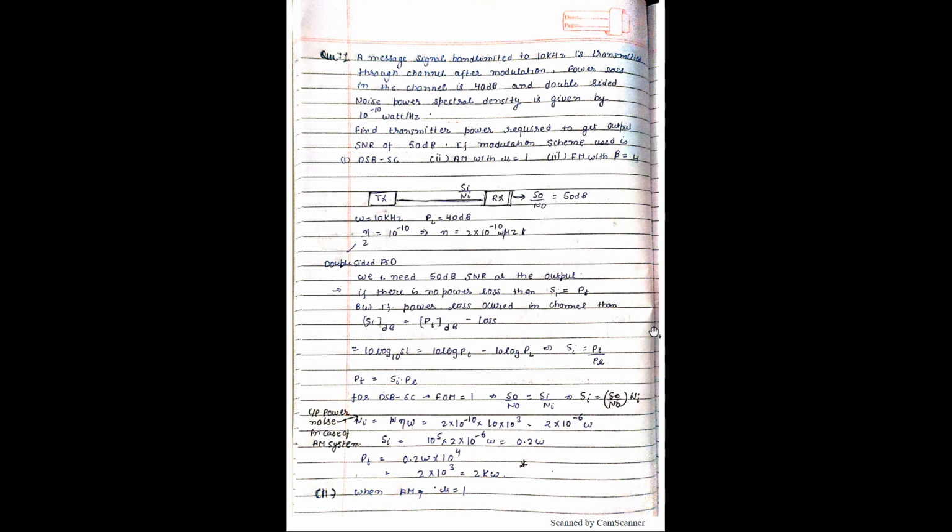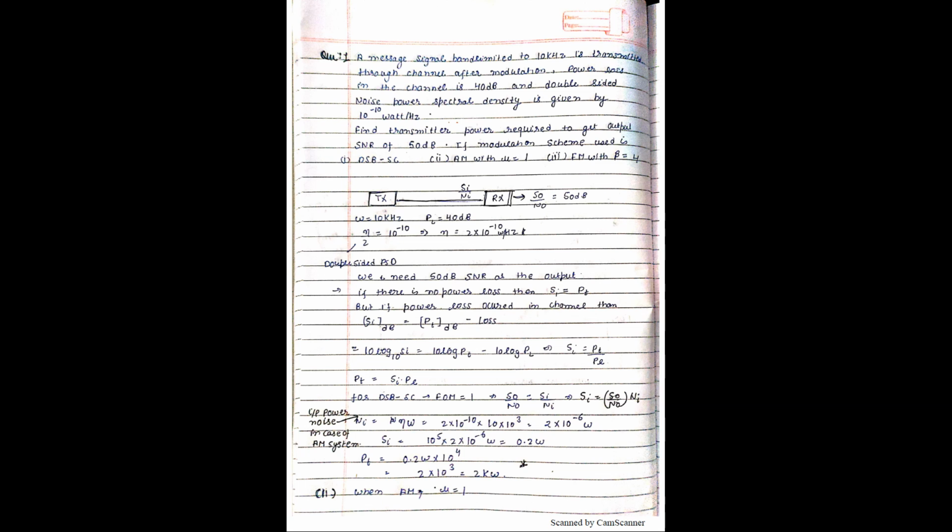So now let us do some examples related to this. The question is on the screen. A message signal band limited to 10 kilohertz is transmitted through a channel after modulation. A signal band limited to 10 kilohertz means the maximum frequency of the message signal, f_m or W, is 10 kilohertz.